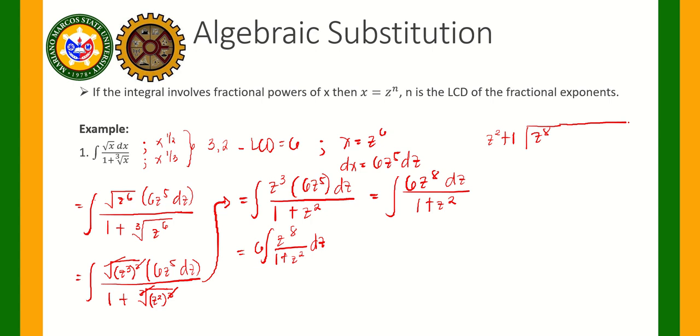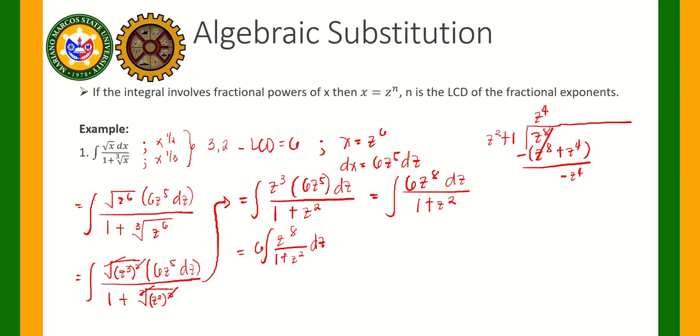So, this is equal to z raised to 8 divided by z squared, that is z raised to 6. Or I should say z raised to 4. Z raised to 4 times z squared is equal to z raised to 8. Z raised to 4 times 1, z raised to 4. And then we subtract. So, this will cancel, tapos bring down si negative z raised to 4.